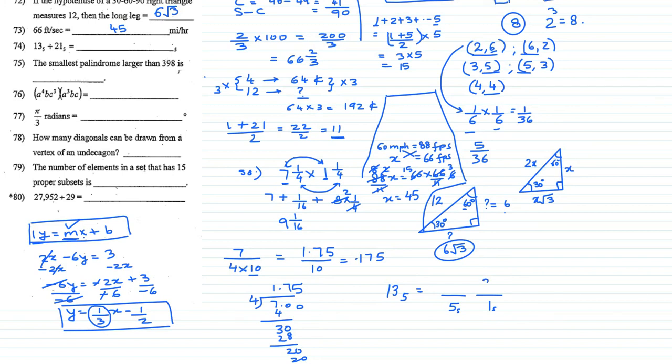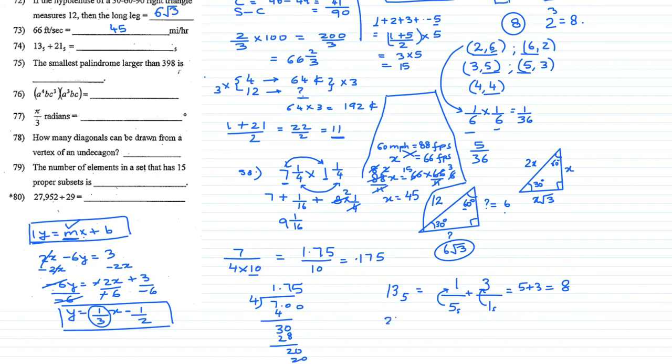So the ones number is 3 and the fives number is 1. So 5 times 1 plus 1 times 3, so that's equal to 5 plus 3 equal to 8. So this number is 8 in base 10.